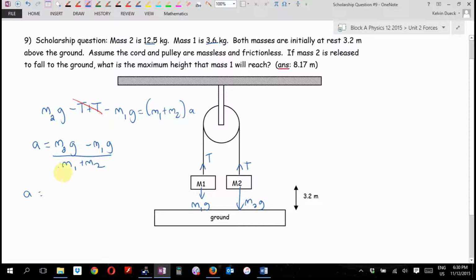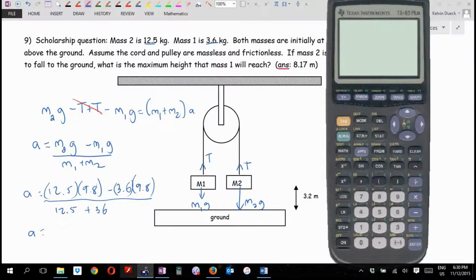The acceleration is going to be 12.5 times 9.8 minus 3.6 times 9.8, all over 12.5 plus 3.6.